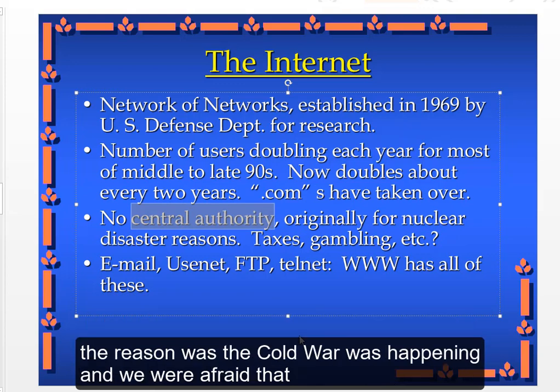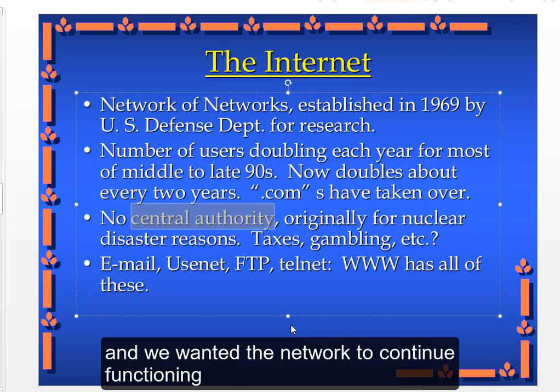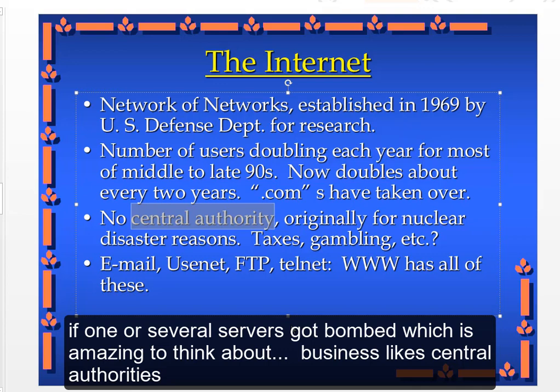The reason was the Cold War was happening, and we were afraid that Russia would bomb us, and we wanted the network to continue functioning if one or several servers got bombed, which is amazing to think about.